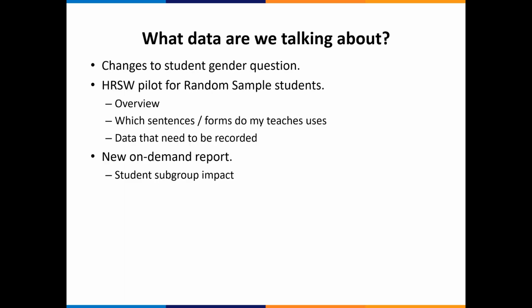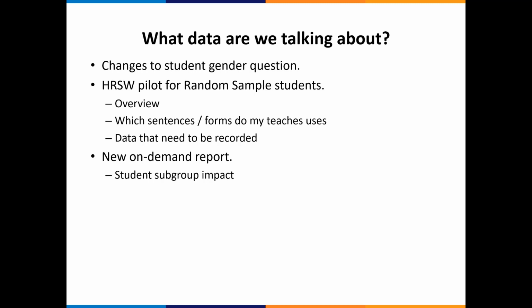And what's on the schedule today? What data are we talking about? Well, first we're going to be talking about changes to the student gender question on our website. Then we're going to be piloting a new hearing and recording sounds and words assessment this year, for our random sample students.